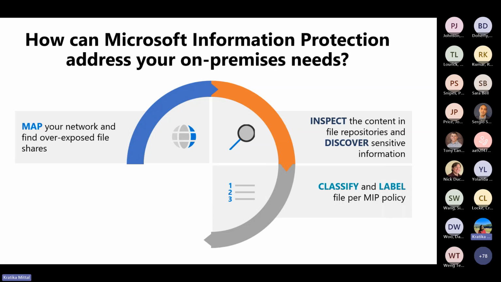Third is to apply the MIP sensitivity labels on the files. Labeling enables users to be aware of file sensitivity and handle the files according to the organization's policy. And this allows other systems, for example DLP, to use sensitivity labels for data exposure mitigation.